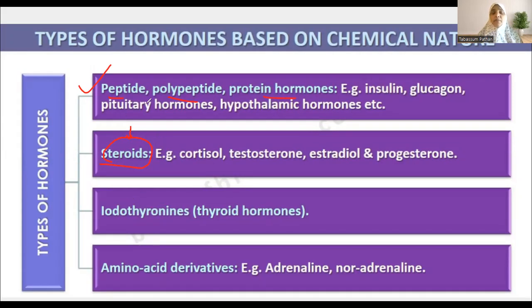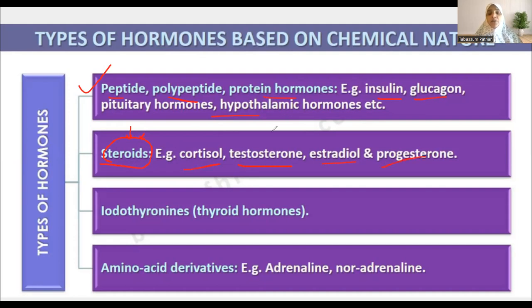So in the protein part, you see insulin, glucagon, pituitary hormones, hypothalamic hormones. These are some of the examples that fall under the category of proteinic hormones, meaning their chemical composition is mostly protein. Then you have steroids, which are fatty acid containing hormones. Examples are cortisol, testosterone, estradiol, and progesterone.